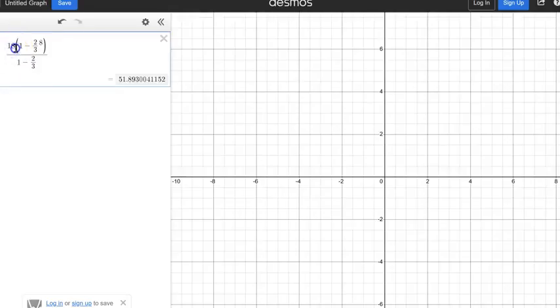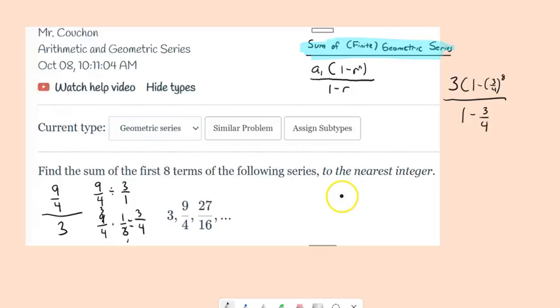Okay, it was 3 here. 1 minus 3/4 to the power of 8, and this is, of course, going to be 3/4 as well. All right, so the nearest integer there is going to be 11. So the sum of this geometric sequence is around 11.